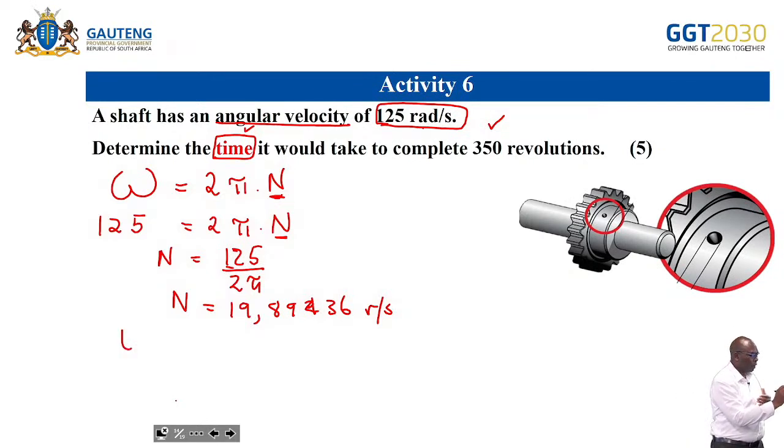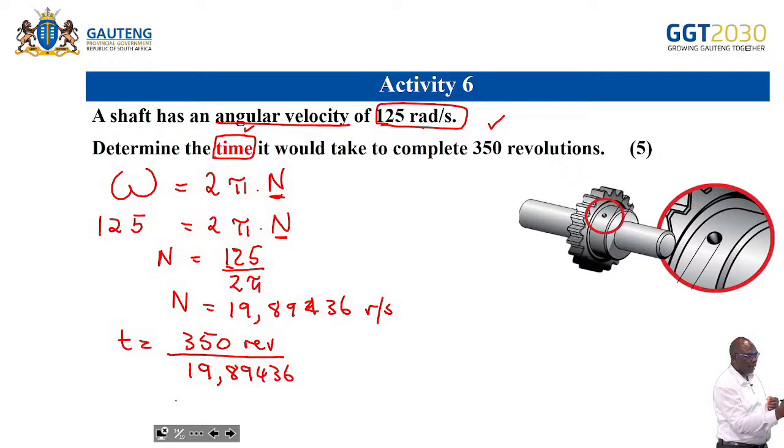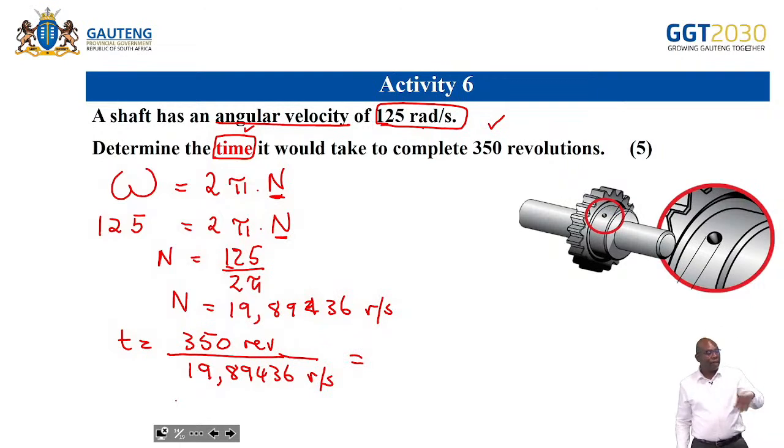So how am I going to get the time? We need 350 revolutions divided by the 19.89436 revolutions per second. I'm writing the unit so that you can see that the answer that we are going to get must be in seconds. So the time we're going to work in seconds because here we are having seconds.